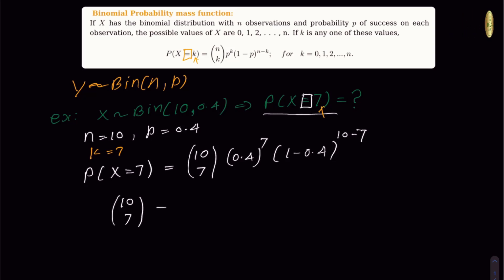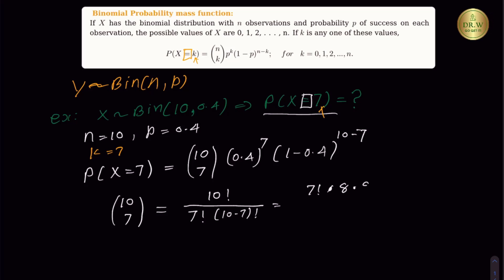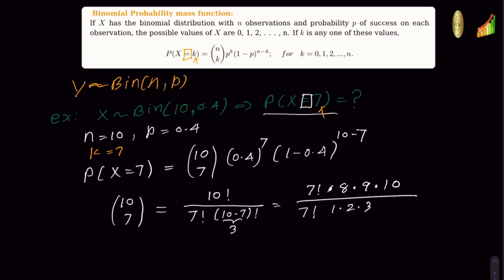I explained this in my previous video, but let me explain here. It is 10 factorial over 7 factorial times (10 minus 7) factorial. Let me write it down. We can write 10 factorial as 7 factorial times 8 times 9 times 10, and 10 minus 7 is 3, so 3 factorial can be written as 1 times 2 times 3.